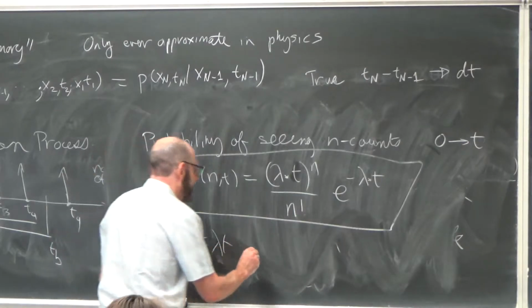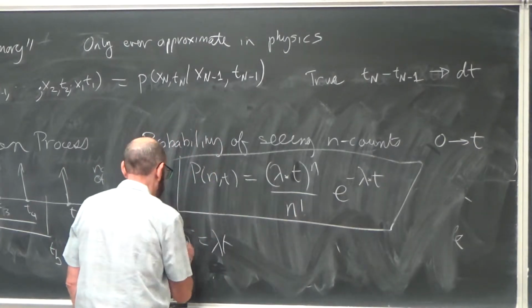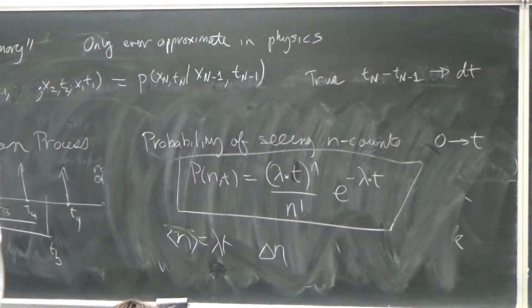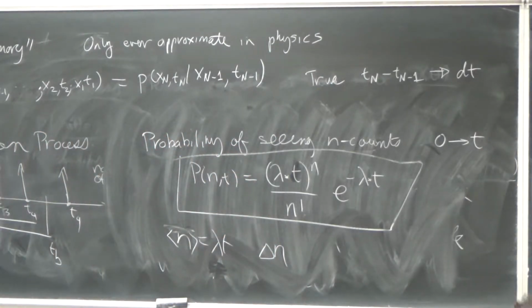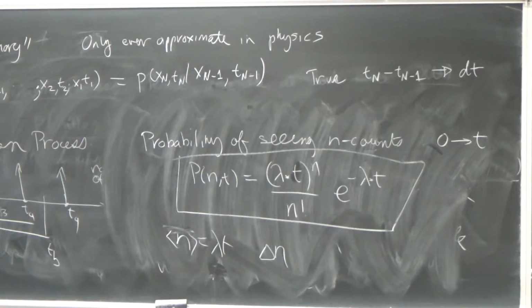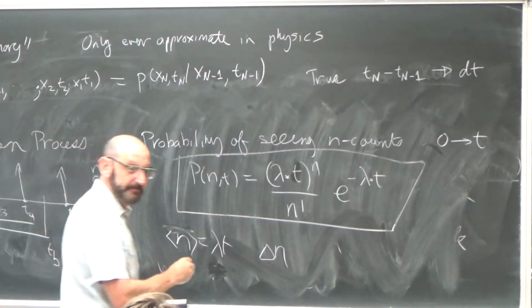And what is the RMS? What's delta n? Well, the variance is lambda t, and the RMS is the square root, right?